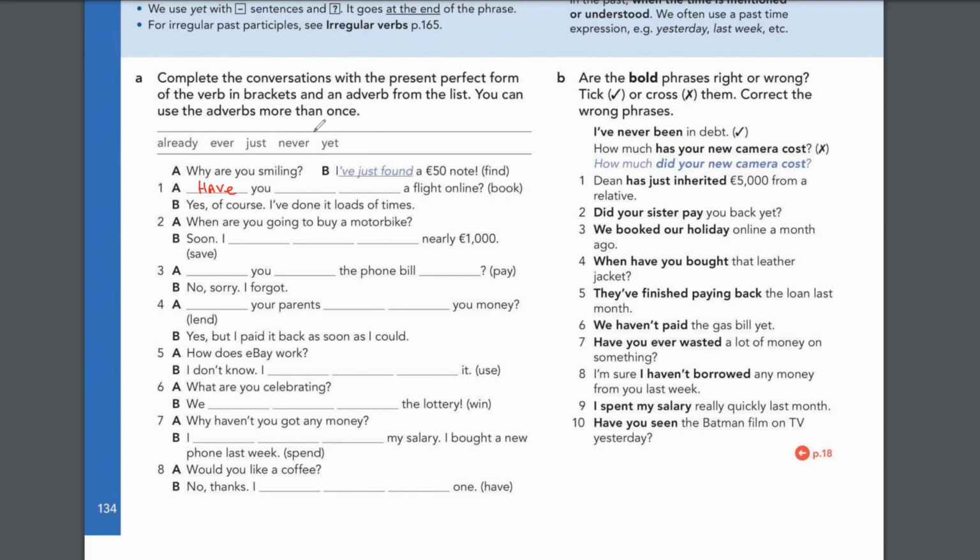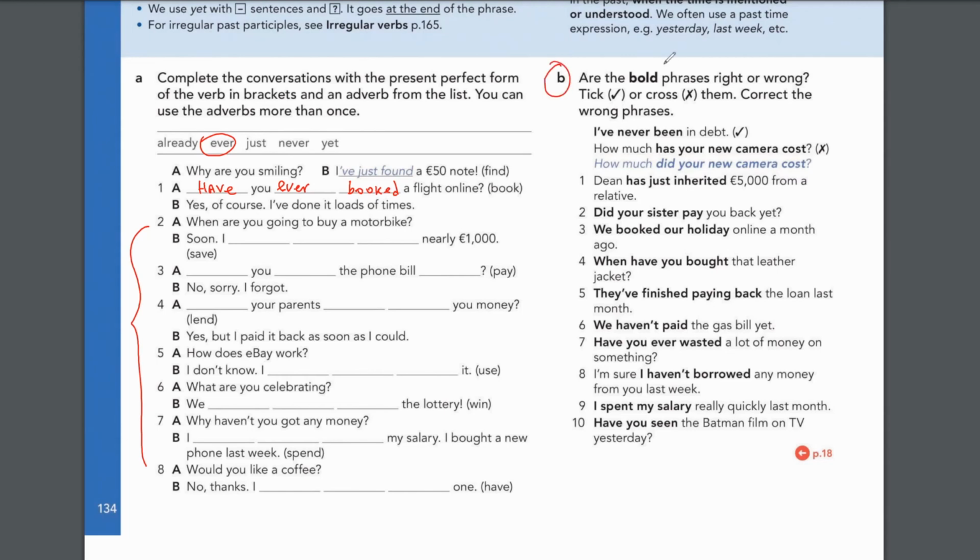Now here, ever. Have you ever booked a flight online? Because I want to know about your experience, life experience. So I say, have you ever booked a flight online? The rest we're going to do in our course session.